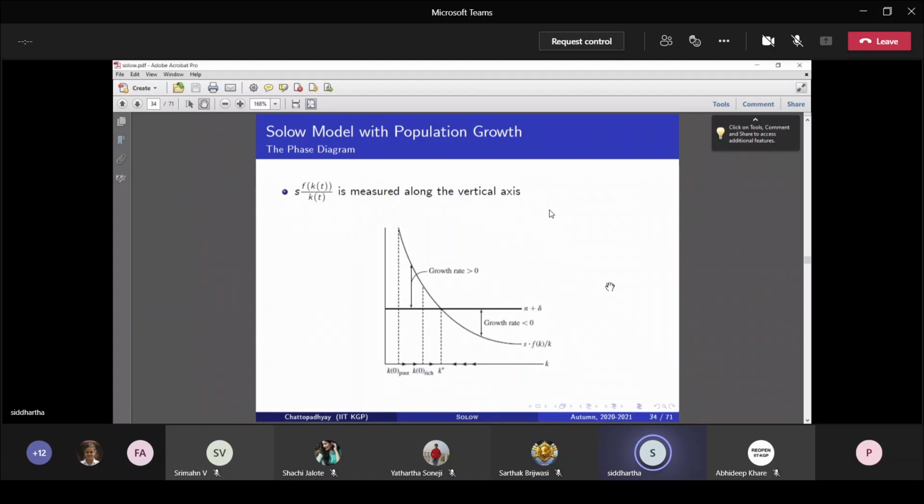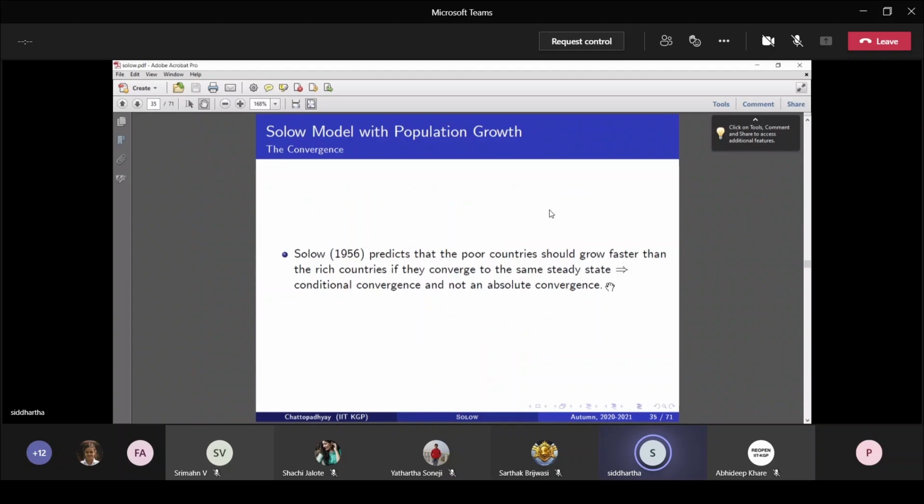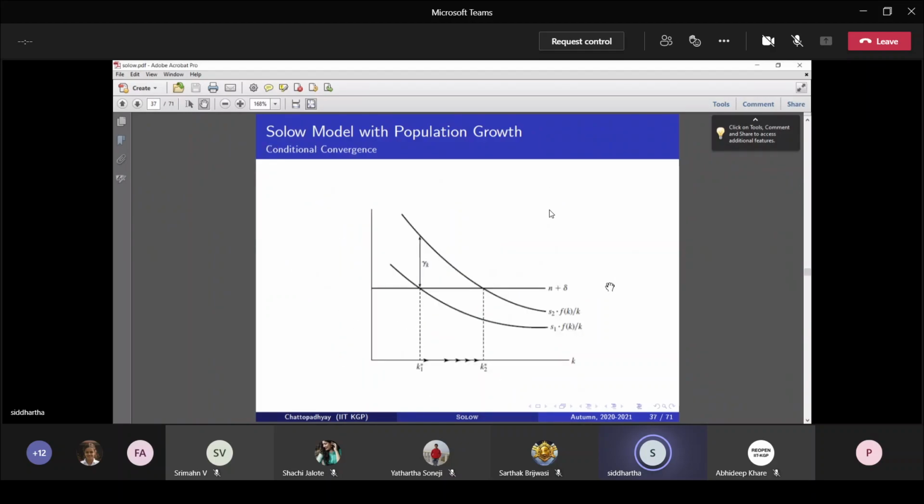Another interesting thing that you can analyze from here is this. Two economies over here: a poor economy with a savings rate s1 and a rich economy with a savings rate s2.